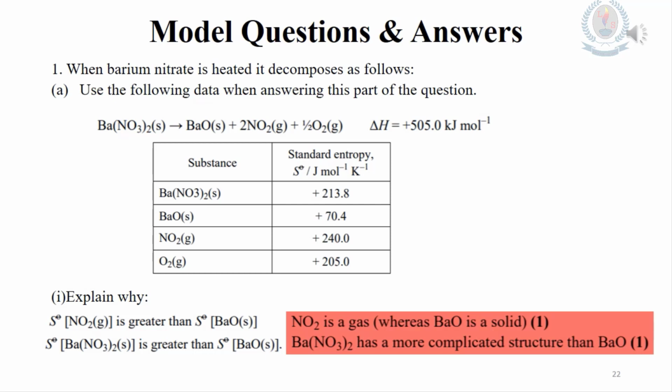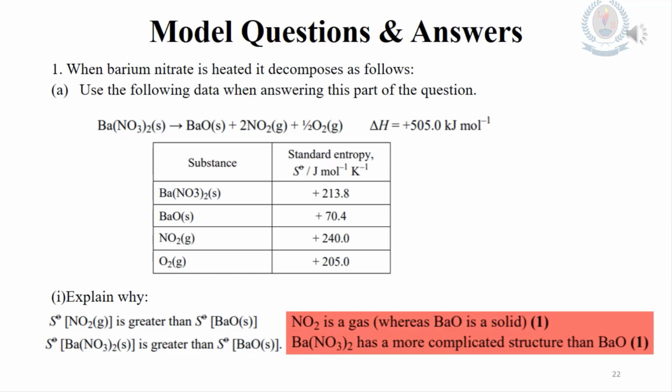First part. Explain why entropy of nitrogen dioxide gas is greater than entropy of barium oxide. Simple answer. Nitrogen dioxide is a gas, but barium oxide is a solid.